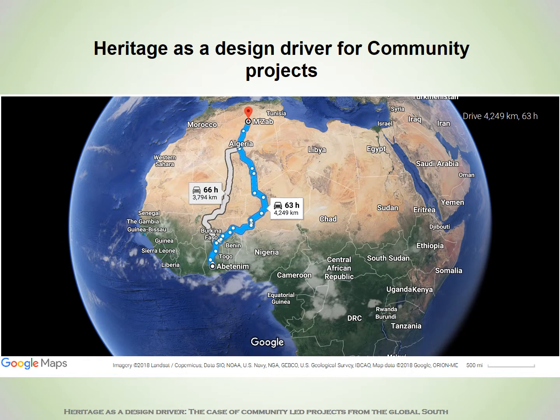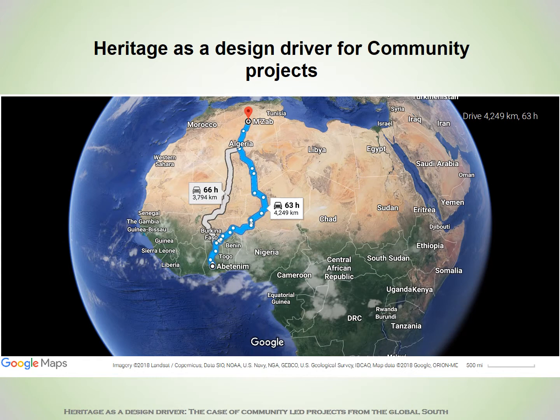Both examples are from Africa. They were chosen for different reasons, and the rationale for that is explained elsewhere in the written paper. They have different contexts, such as climate, topography, culture, etc., but share the way that each of them responds to their respective context.